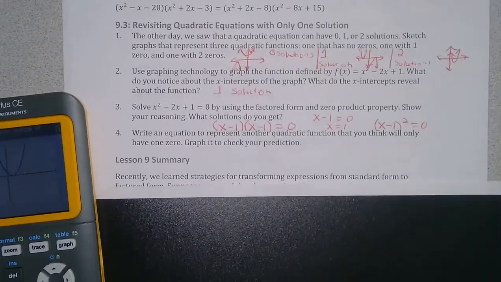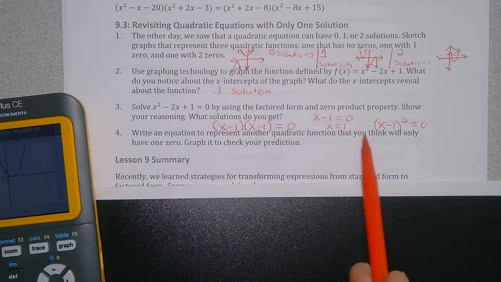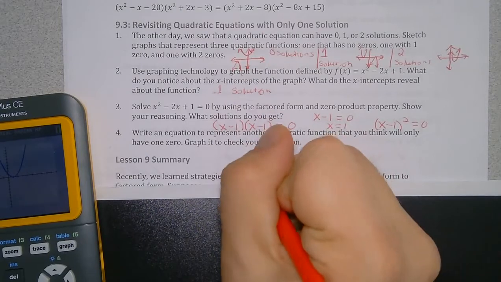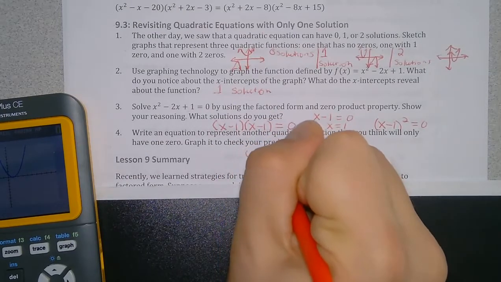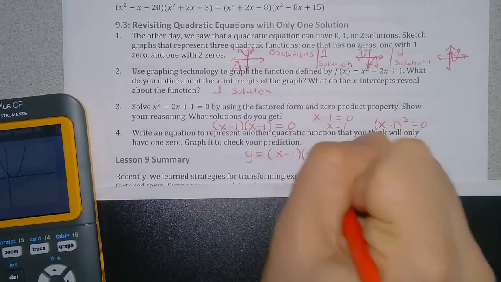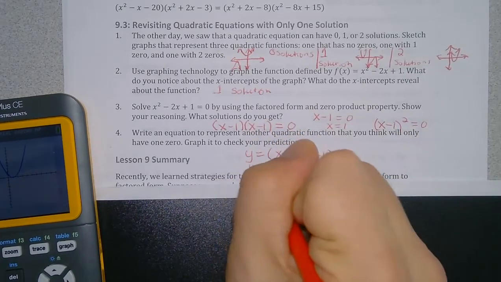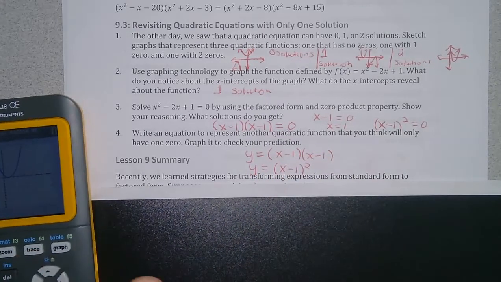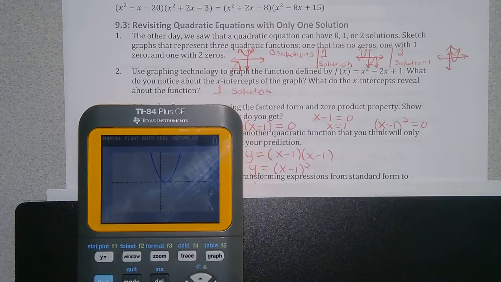So write an equation that represents the quadratic function you think will have only one 0. So we already said this. We could have y equals x minus 1 times x minus 1. Or we could write that as y equals x minus 1 to the second power. Let's verify that all three of those are the same.